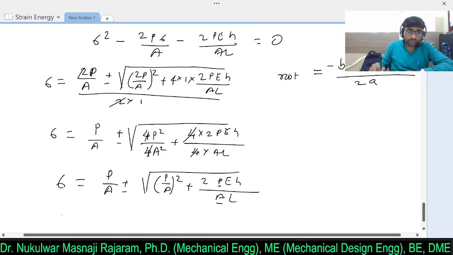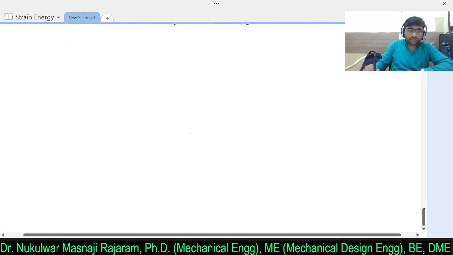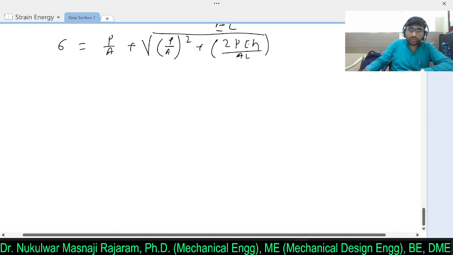So if you consider the positive, then I can write P by A plus under root of P by A square plus 2PEH divided by AL. Clear? Now I will take P by A outside, so I will write P by A plus, I will neglect the negative sign, so I will just consider the positive only.